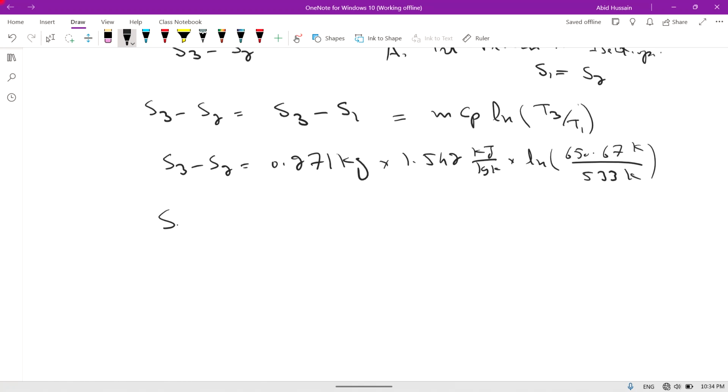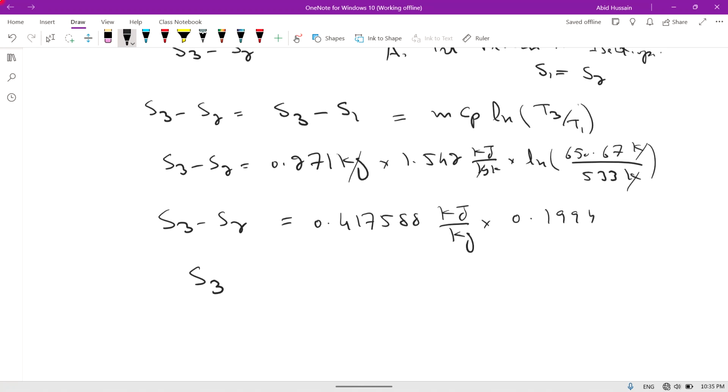So S3 minus S2 or S3 minus S1 is equal to 0.271 multiplied by 1.542 is equal to 0.417588. Kilogram will be cancelled with kilogram. This is kilojoule per kilogram. And natural log of 650 divided by 533 is equal to 0.1994.